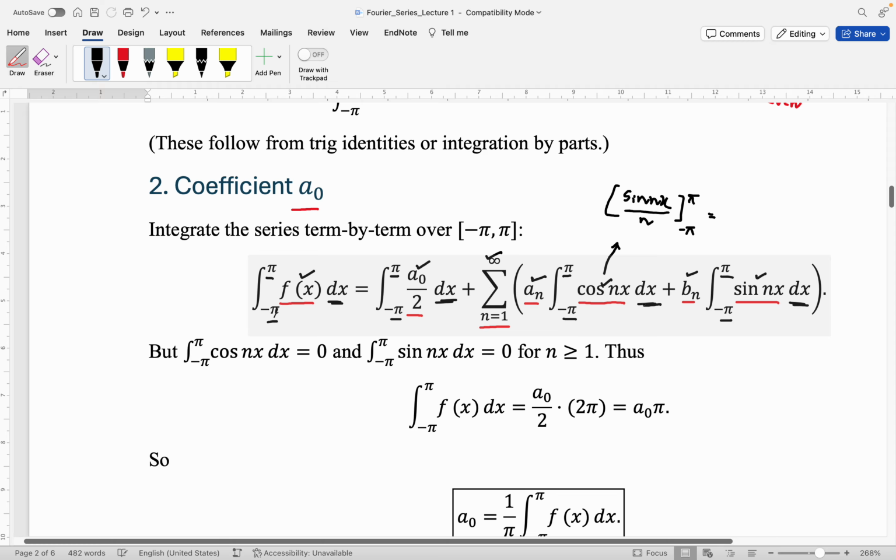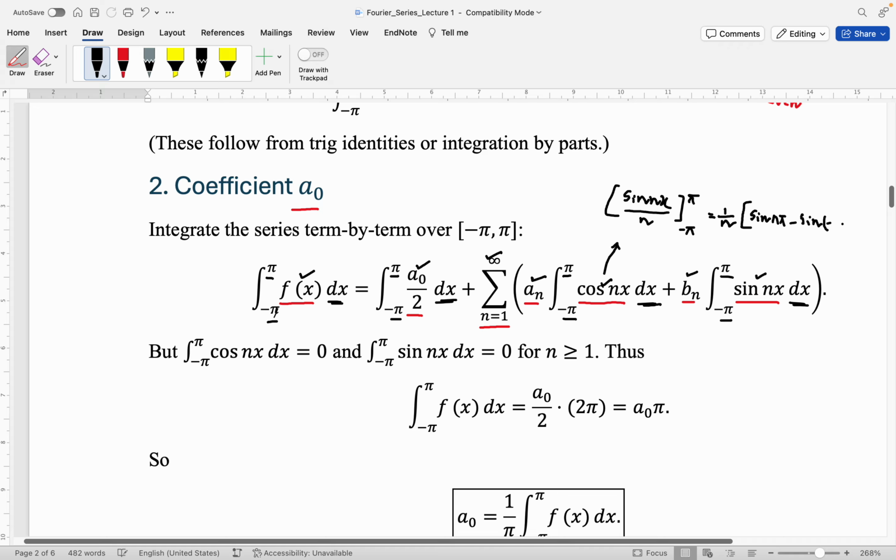Now if you integrate this term, the integral of cos nx dx would be sin nx by n, with limits from minus pi to plus pi. You can take 1 by n outside and then apply the limits: the upper limit gives sine of n pi, minus sine of minus n pi.